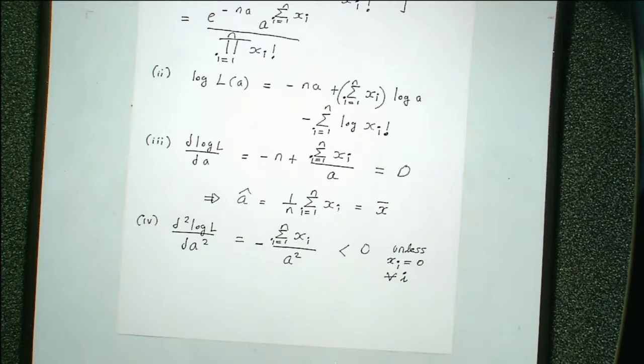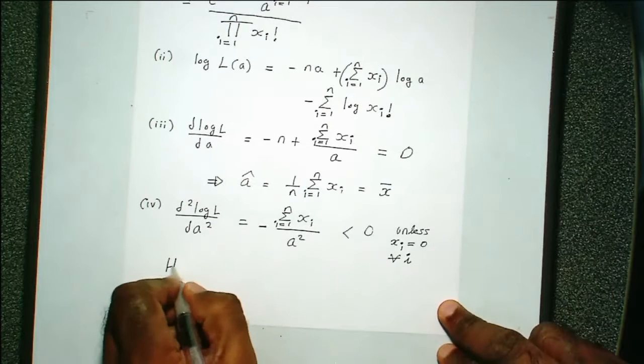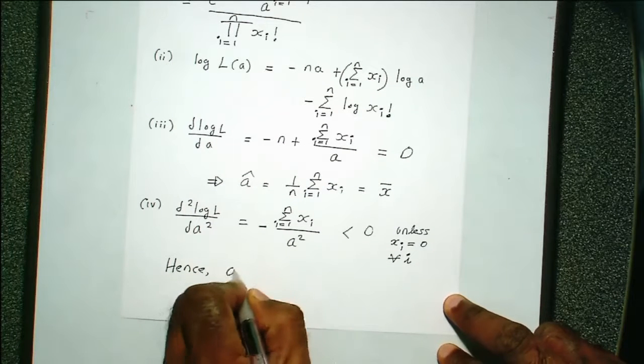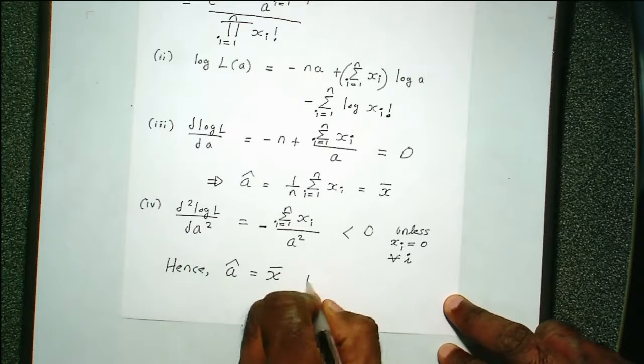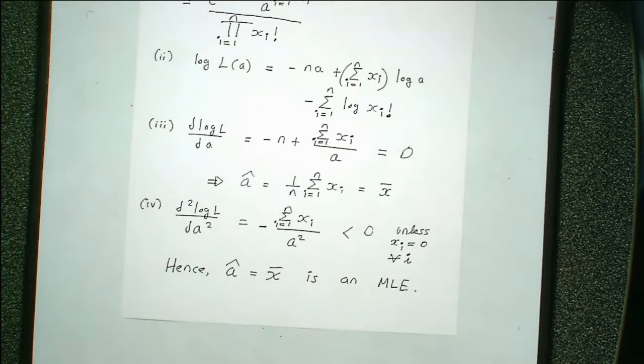If you generate data that follows the Poisson distribution, it's very unlikely that all the data will be equal to 0, because remember, the Poisson distribution is defined on 0, 1, 2, etc. Hence it's an MLE. Any questions so far?